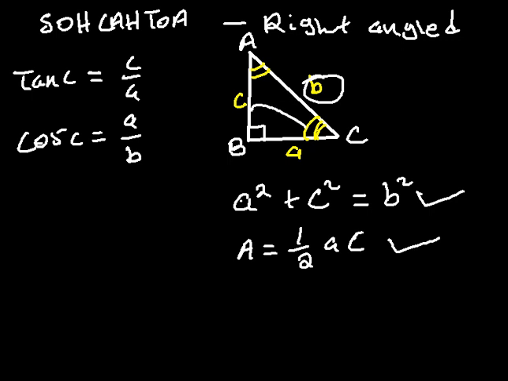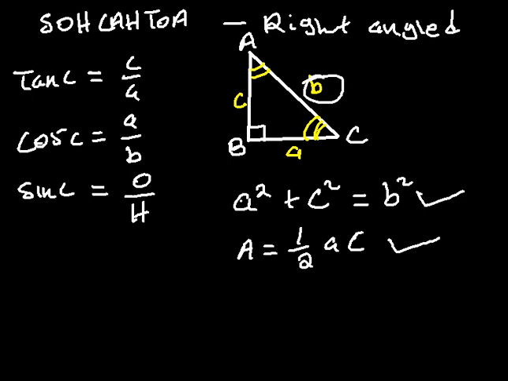Now how should we have that relationship? Opposite over hypotenuse, which means we'll have sine of angle C, which is equal to opposite divided by hypotenuse. This is how you should understand it.